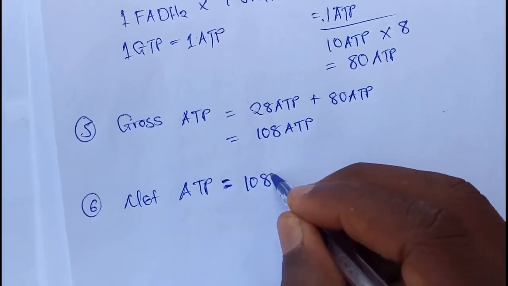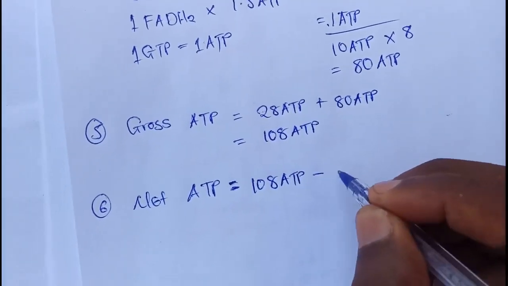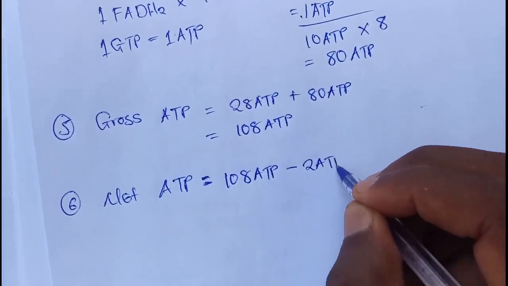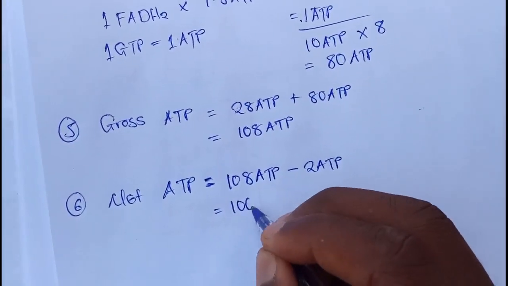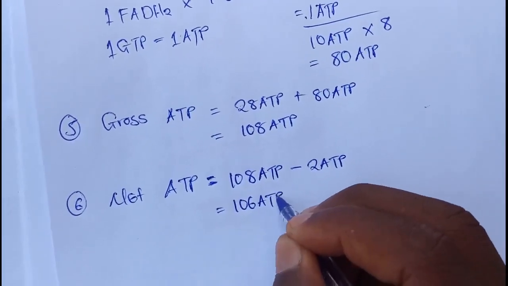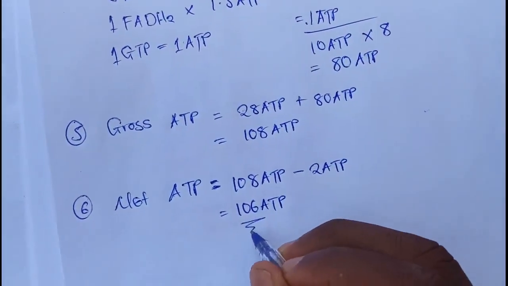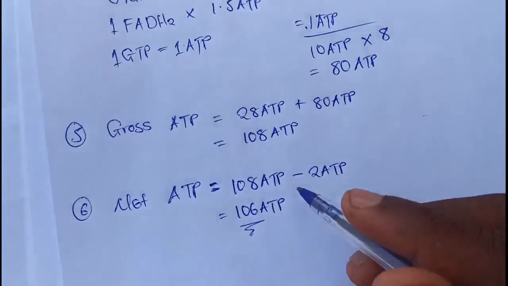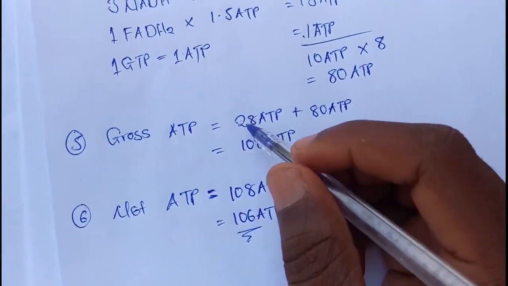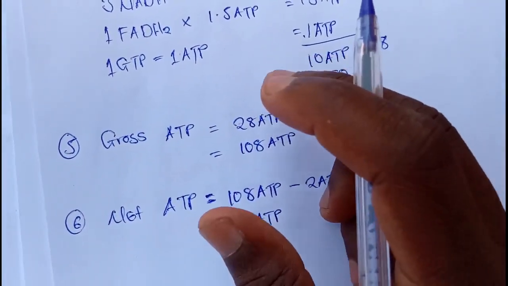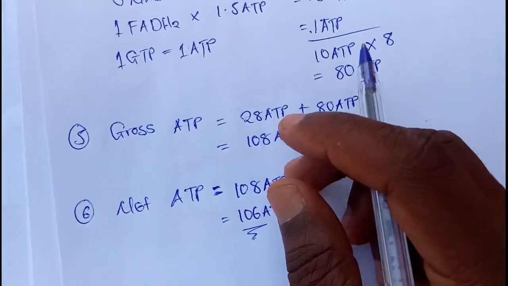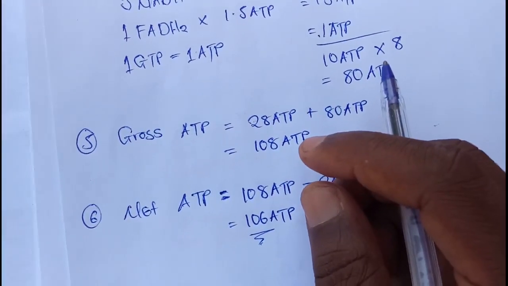So we need to say 108 ATP subtract 2 ATP, which will give us 106 ATP. All right. So this is our net ATP that will be produced from 1 mole of palmitic acid. Wow, we've had a long time.